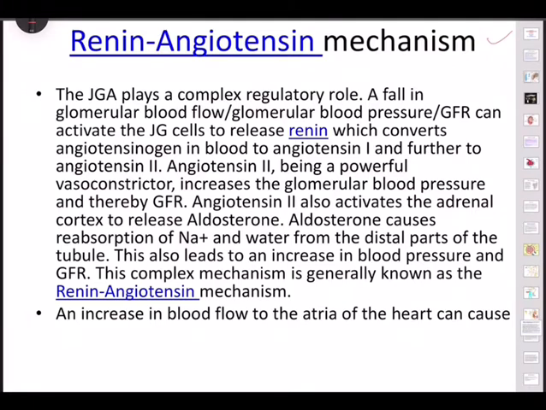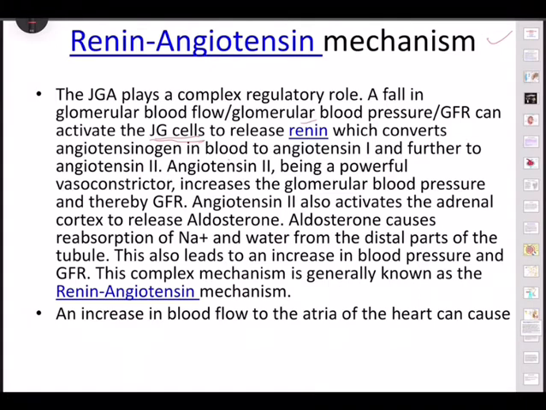The JGA plays a complex regulatory role. A fall in the glomerular blood flow, glomerular blood pressure, GFR, can activate the JG cells to release a renin enzyme.